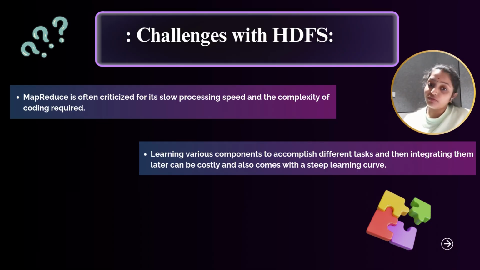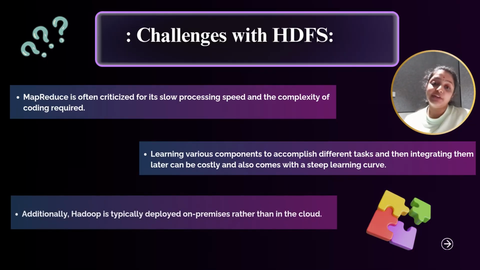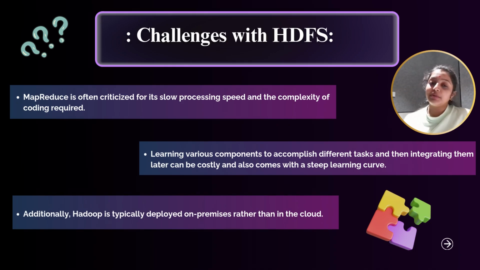For example, one for ingestion, one for job scheduling, one for data cleaning. In this way it becomes overwhelming. And the next thing is, Hadoop is meant for on-premises, so it is less flexible for cloud-native solutions. So these are a few things that come as disadvantages of the Hadoop ecosystem.